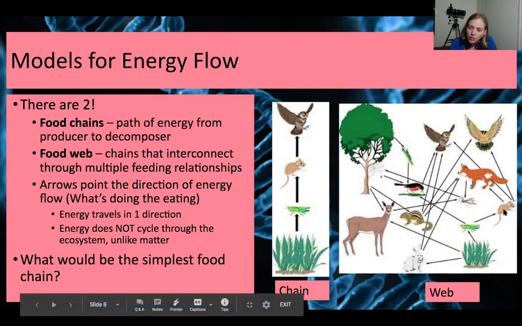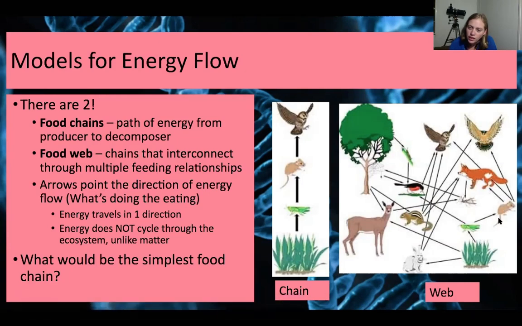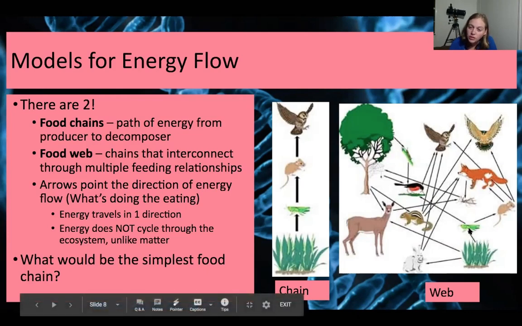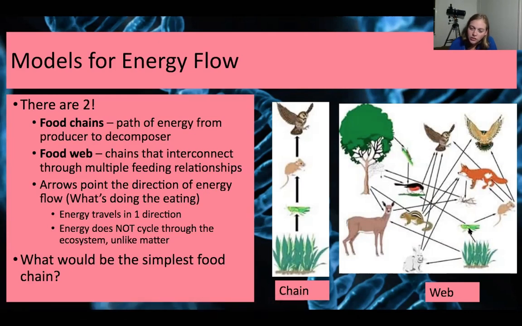Well, let's think backwards. The mouse is eating the grasshopper. And if the mouse isn't there, then that means there's going to be more grasshoppers. So then that should mean that there's going to be less grass because there's more things to eat it. Okay? So let's say that we take away the grasshopper. What would happen to the deer population?